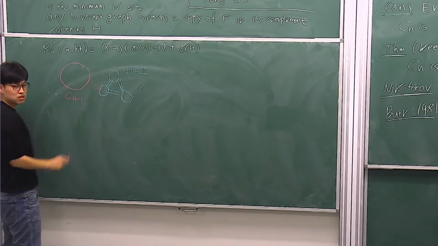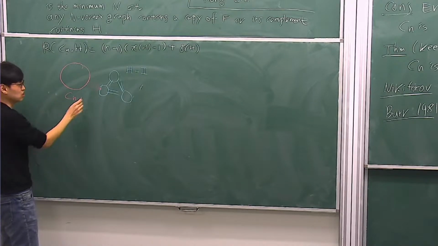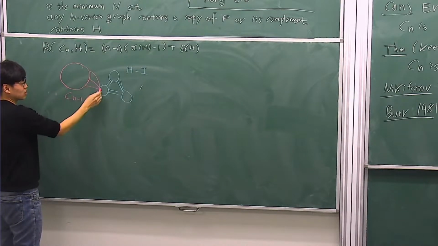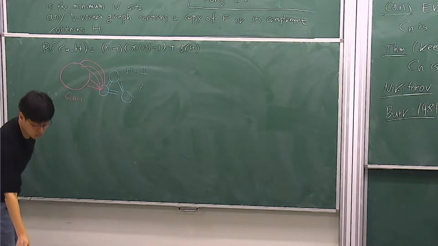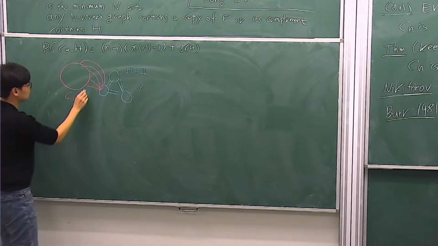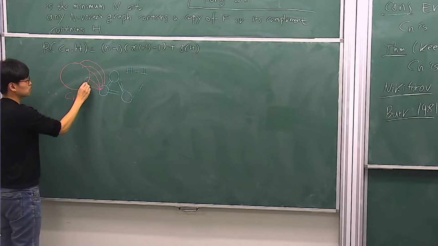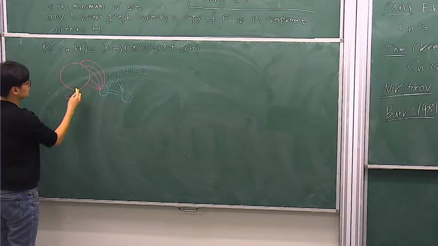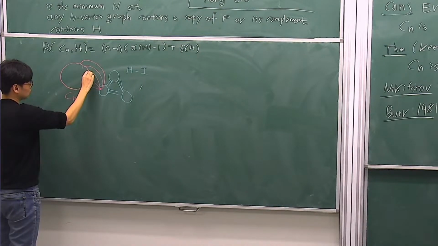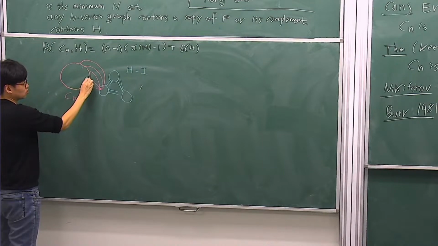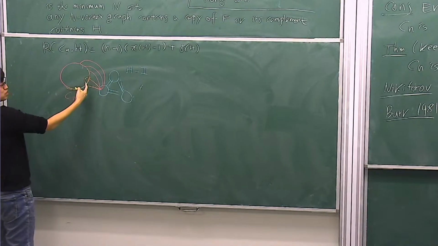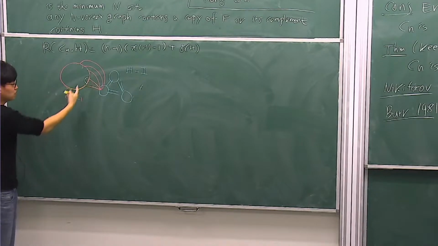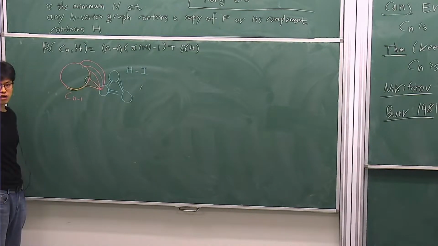And also if some vertex here sends lots of red edges to here, and what we can also see is that this must be blue, because if this one was red, then you come here and then go around. You can complete your cycle in this way.